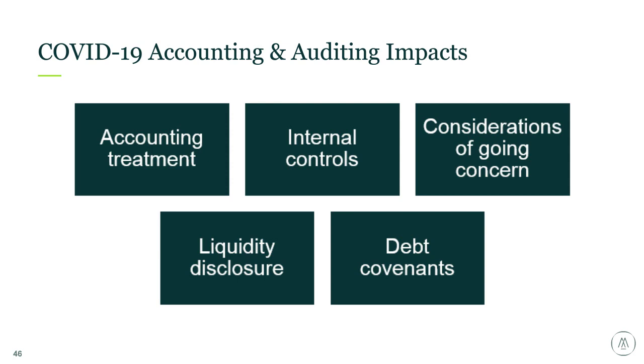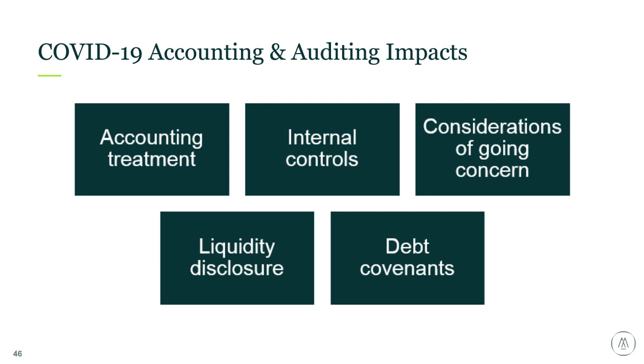And this brings us to our last polling question. All right, our final polling question. Based on the impact COVID-19 has had on your organization, what are you most concerned with? Your options are A, accounting treatment, how to account for funding, whether a single audit will be required.